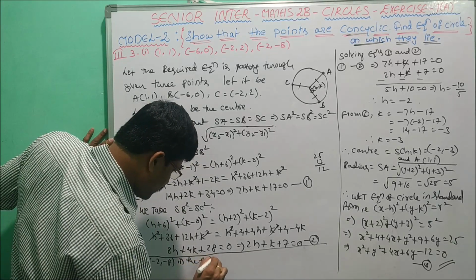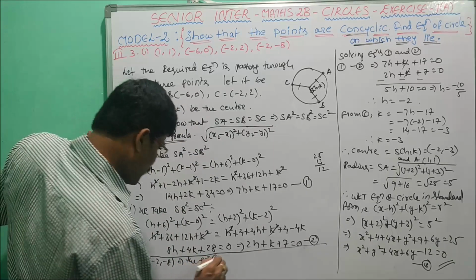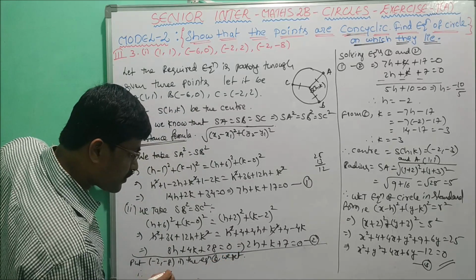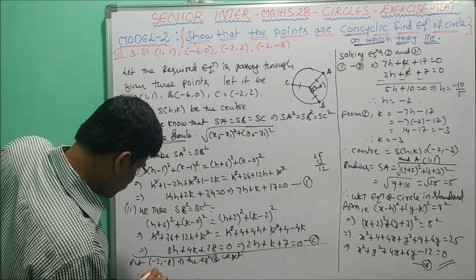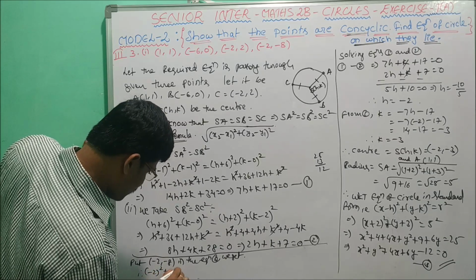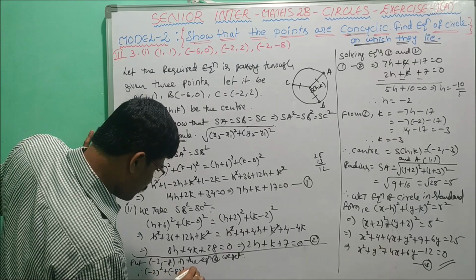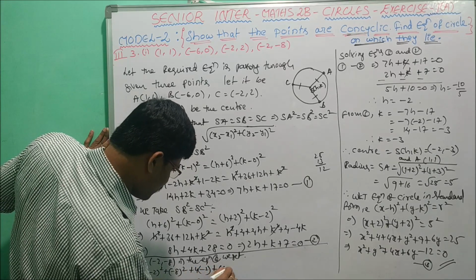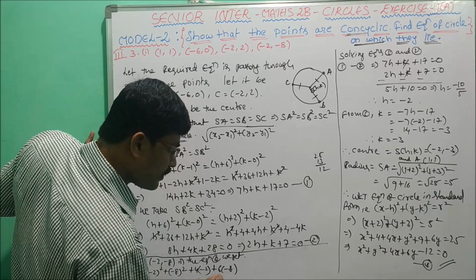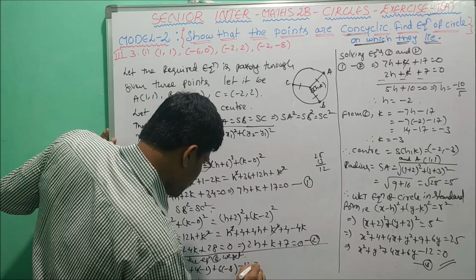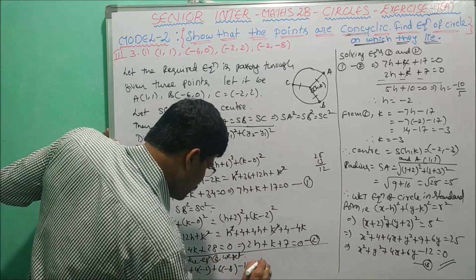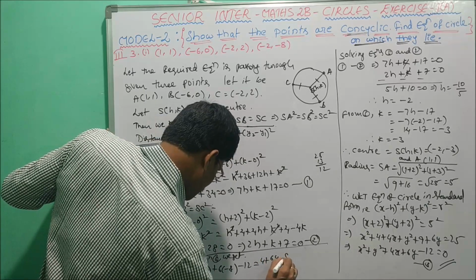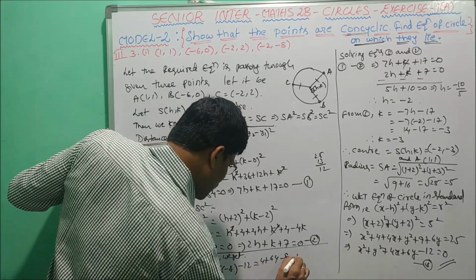In equation 3 we get x square, that means minus 2 whole square, plus minus 8 whole square, plus 4 into minus 2, plus 6 into minus 8, minus 12 equals, this is 4 plus 64 minus 8 minus 48.